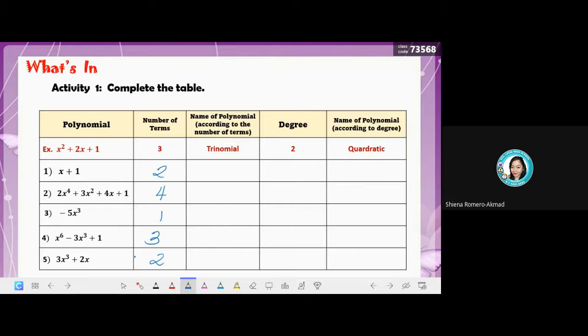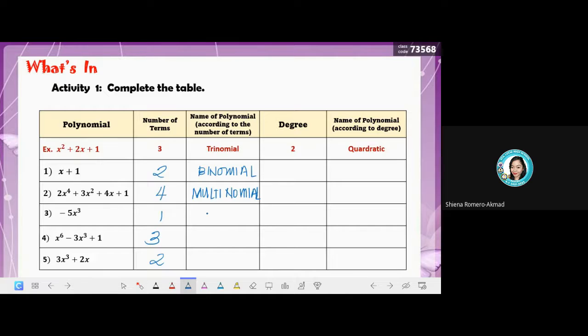So how about the number of terms? Titingnan natin yung number of terms. Identify natin anong pangalan ng polynomial. So number 1, anong tawag natin sa polynomial na yan? Binomial. Number 2, multinomial. Sana magkasya.